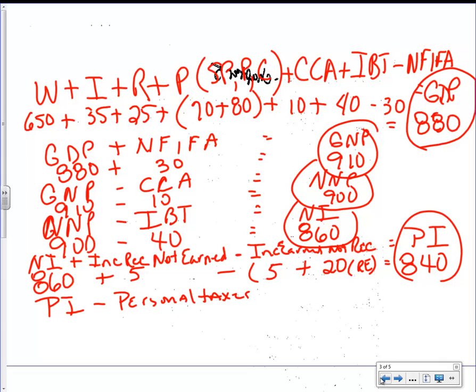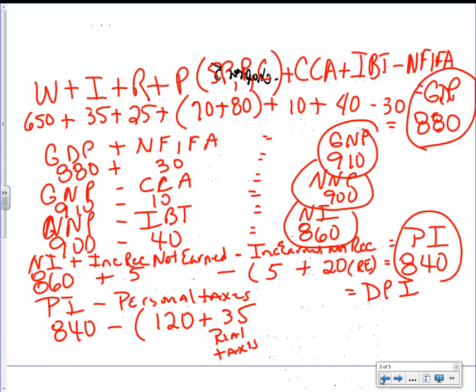The last item is our personal income minus personal taxes to give us disposable personal income. So for our personal income, we calculated $840. Now we have both personal taxes and we have real estate taxes that we pay on our homes. So real estate taxes are personal taxes, just like federal income tax is a personal tax, just like state of Oklahoma tax is a personal tax.